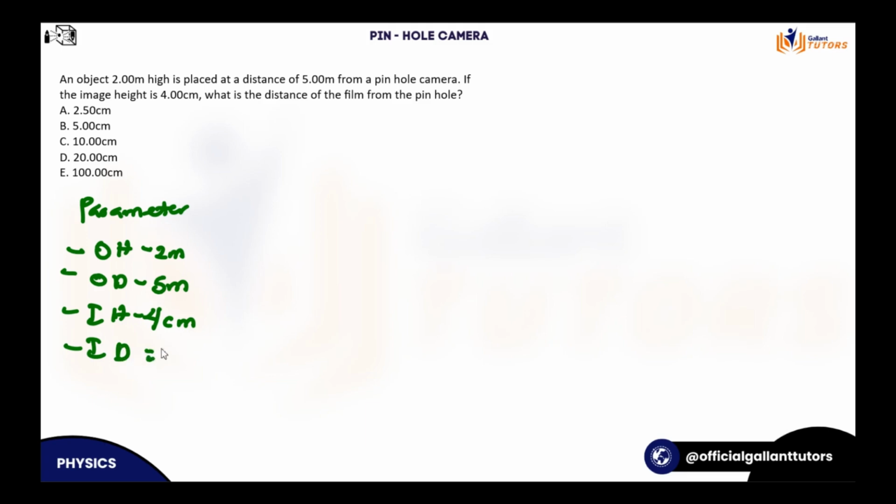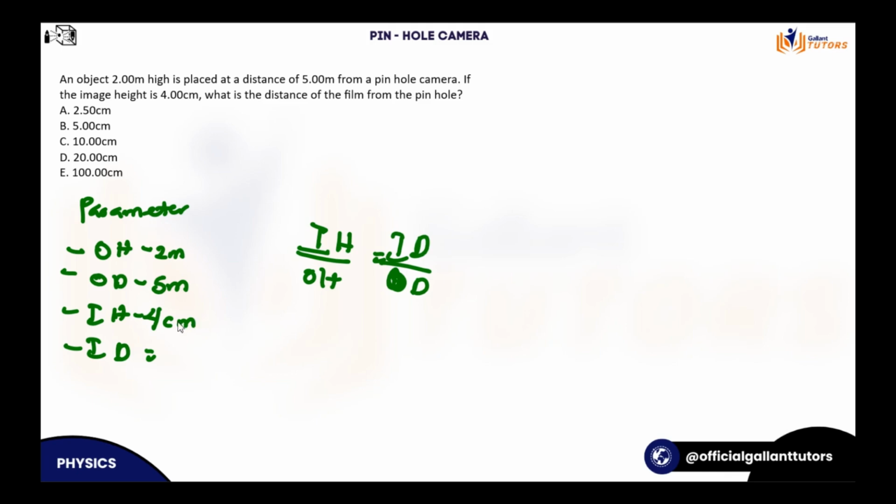Now, it's very simple. This is the formula: image height over object height equals image distance over object distance. It's as simple as that. Now, there's something we have to correct before getting our answer.